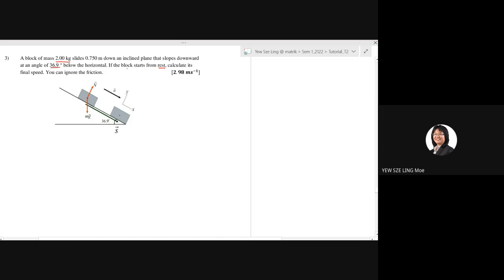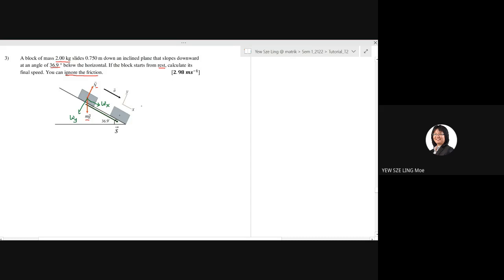This question asks you to ignore friction, which means the only forces in our diagram are mg and N. And the force that causes my object to slide down, if you resolve the weight, you have a WY and this is your WX. So the force causing my object to slide down is just the weight along its X component.